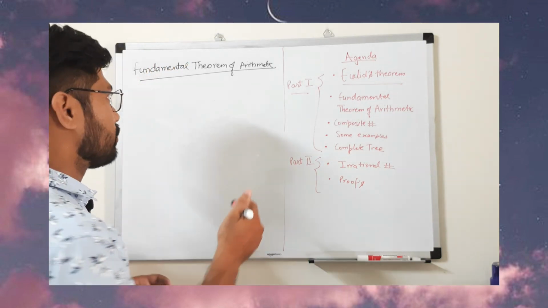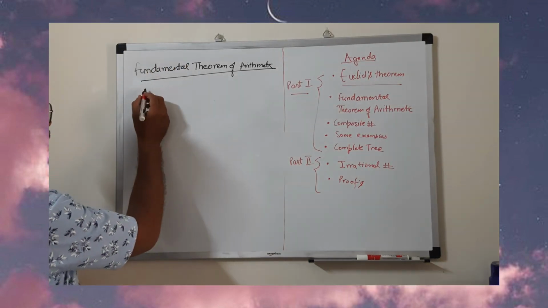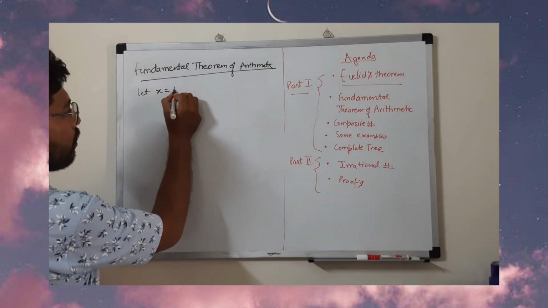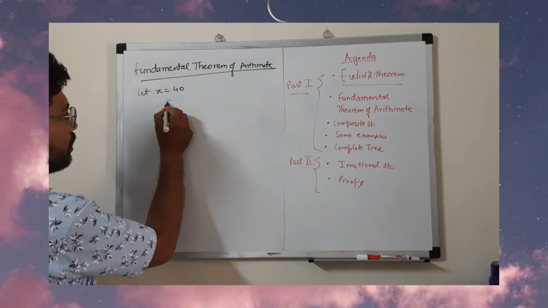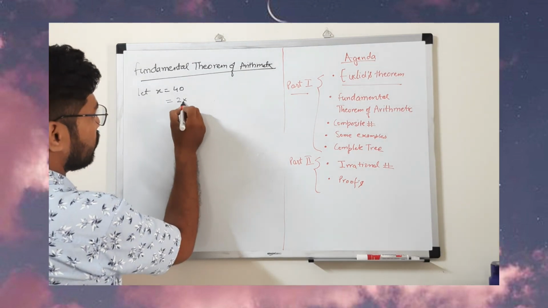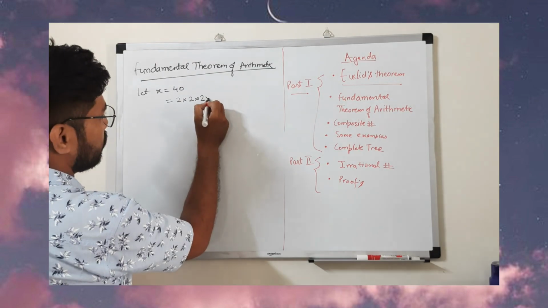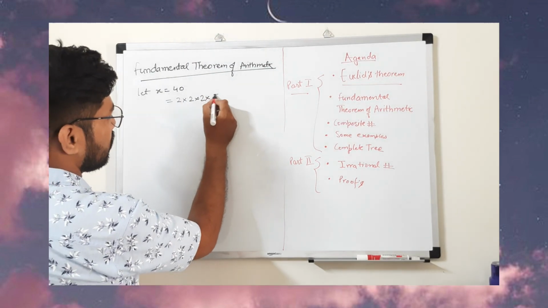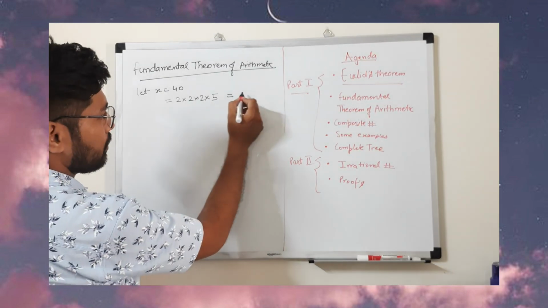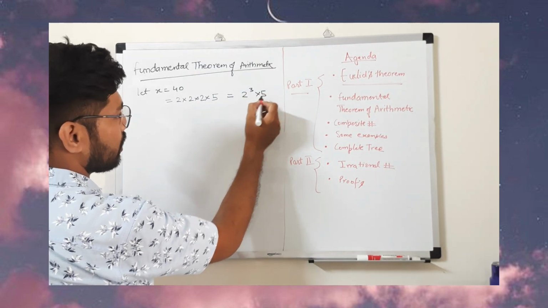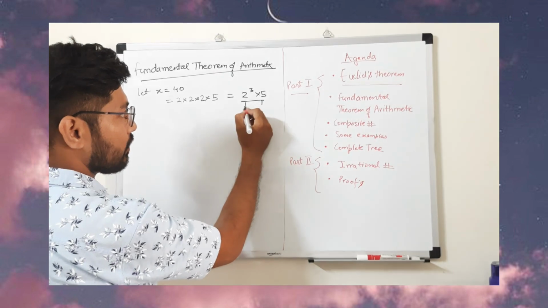Let's see how this theorem works. For example, let x equal 40. This 40 you can divide as 2, 2, 2 and 5, which is also 2 की power 3 into 5. This 2 and 5 are prime numbers.